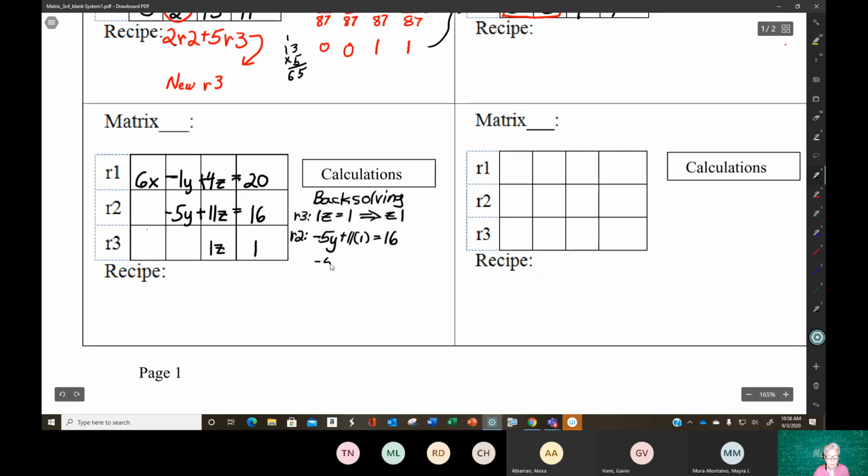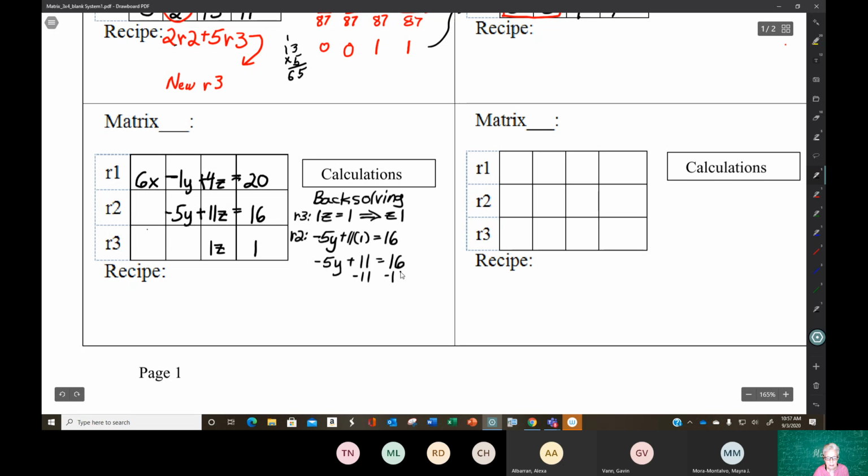So I'll have negative 5y plus 11 equals 16. I am going to subtract 11 from both sides because now I have to solve for y.